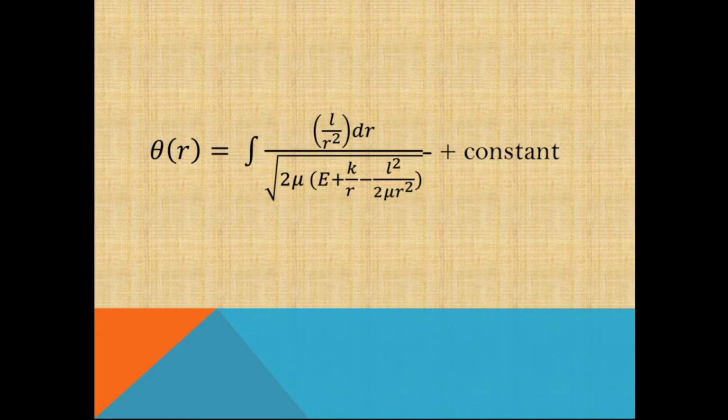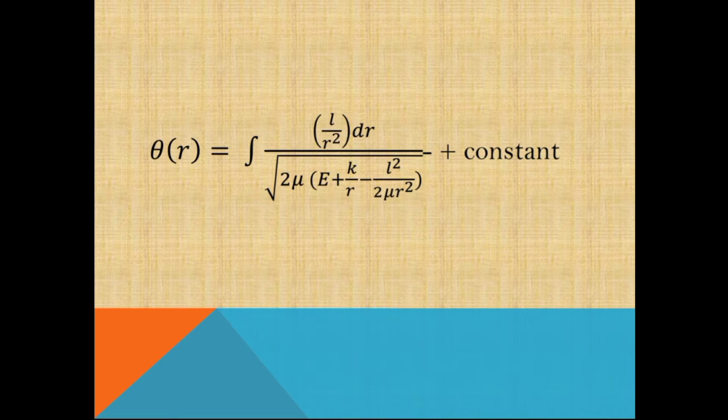Or the path of a particle moving under the influence of a central force whose magnitude is inversely proportional to the square of the distance between the particle and the force center can be obtained by this equation.